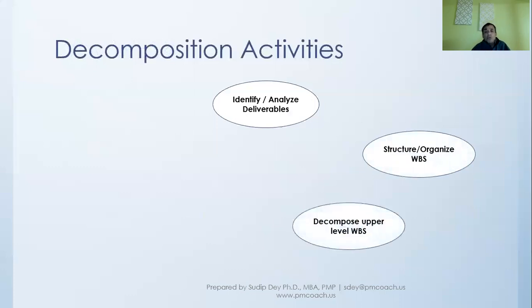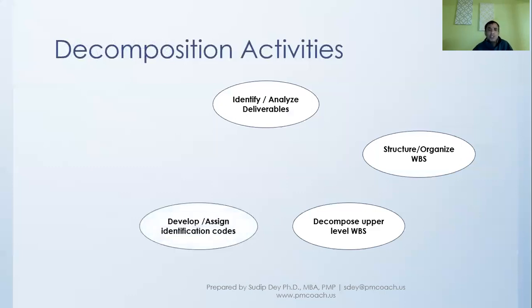And then all the upper level components in the work breakdown structure, we decompose further, because we need to go to such a level that it can help us in the planning process. There is no point keeping it at a very high level because we will not be able to plan with that level in the WBS.